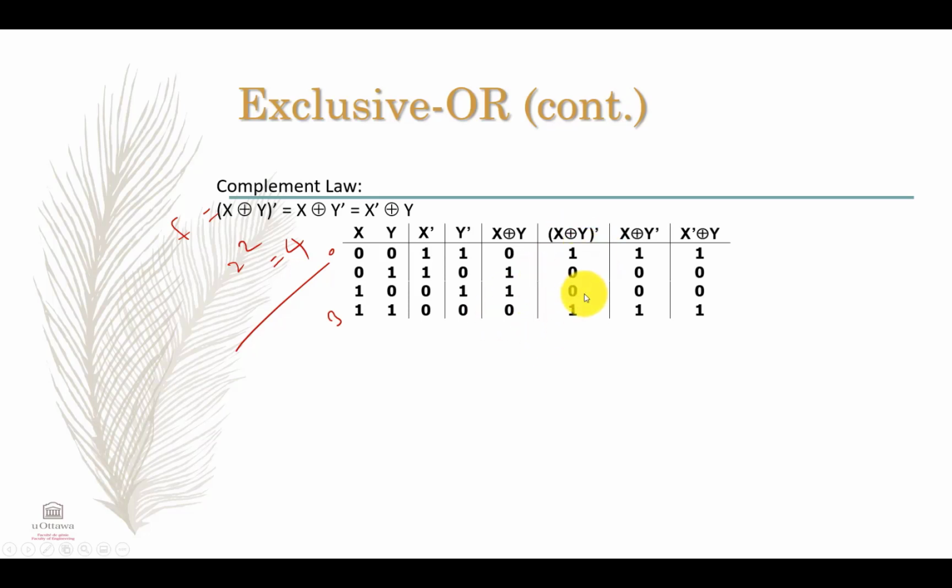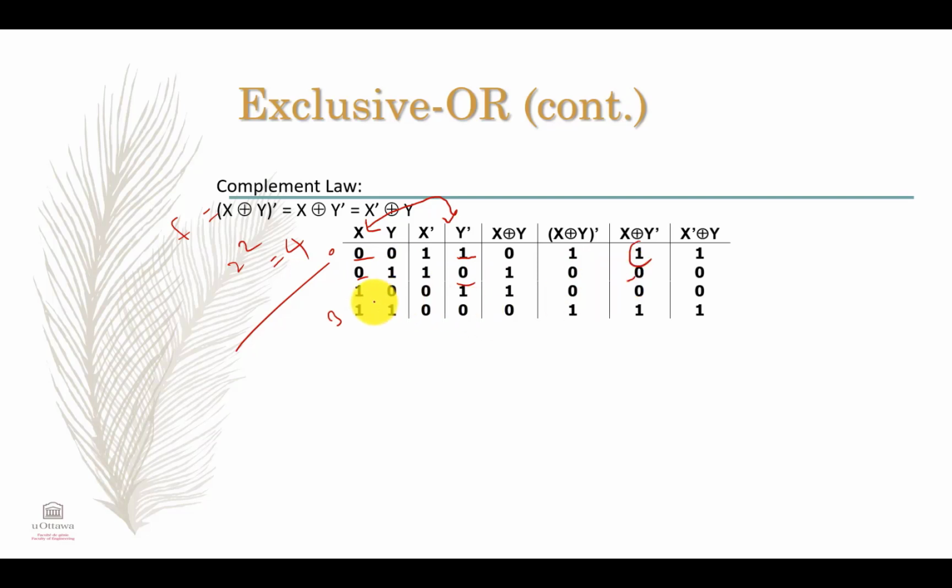Now what about if I want to do the exclusive OR between the actual values of x and the complement of y? So I have to exclusive OR this with this one. Let's compare. This is 0 and this is 1. Since they are different, the answer is 1. This is 0 and this is 0, so it should be 0.